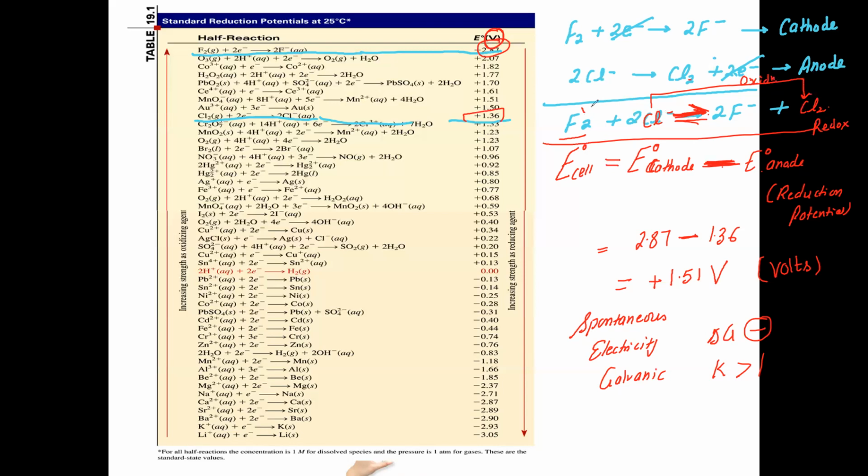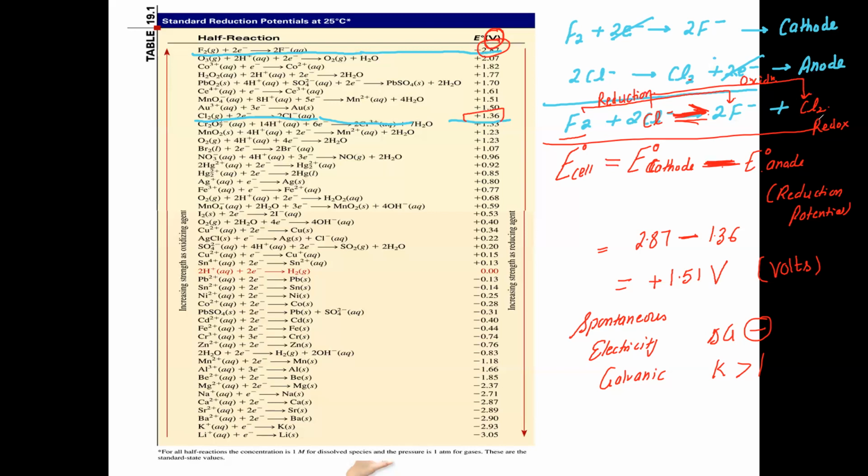And F2 is undergoing reduction. Right? Sometimes I'm so much into teaching that I have this tendency of making minor errors. So just point out if I've made some error.